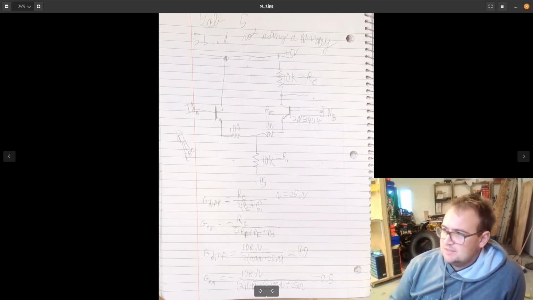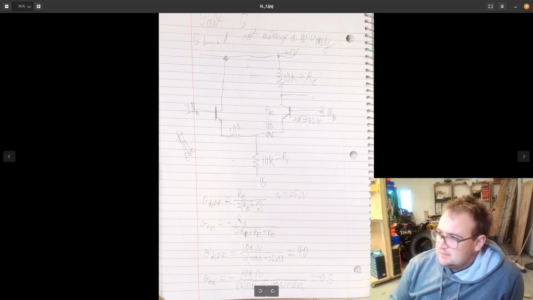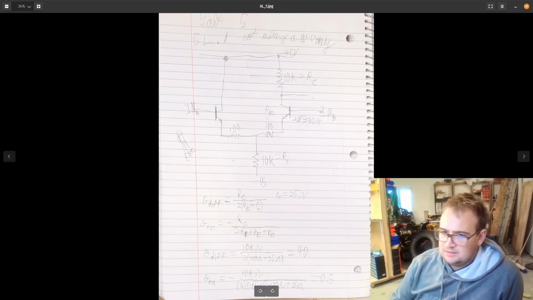These 100 ohm resistors are the emitter resistors, and the 10K resistor I have labeled as R1. Then I calculated the different gains based on equations given in the textbook, and I got the differential gain as 40 and the common mode gain as minus 0.5.